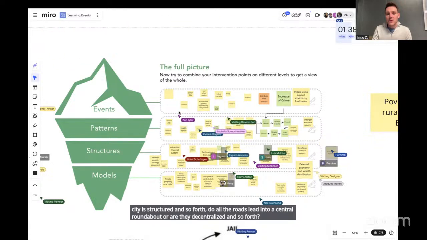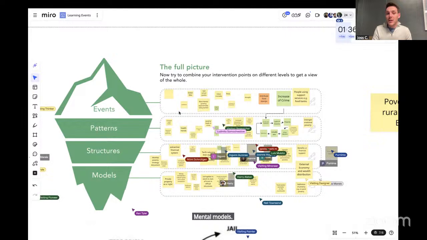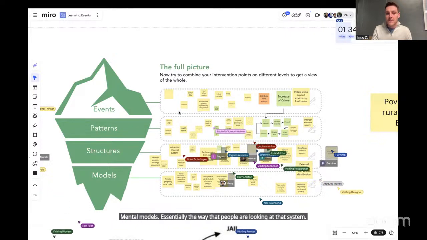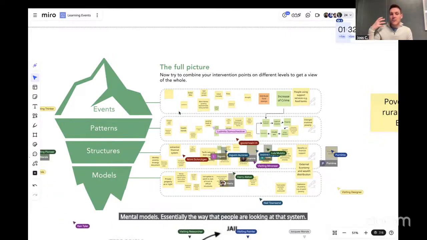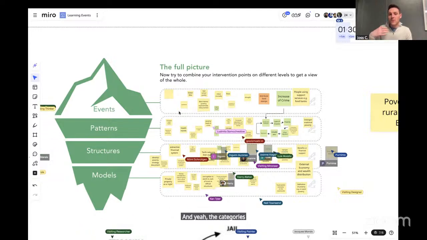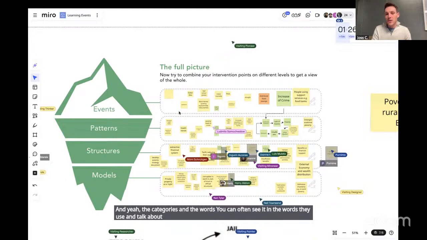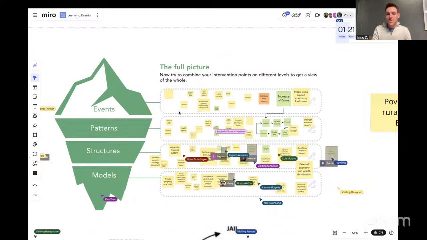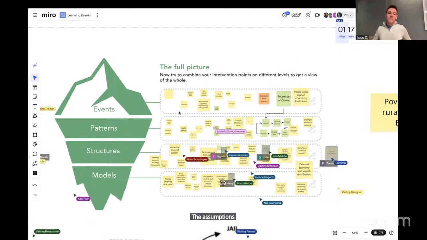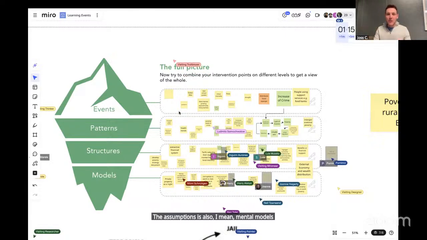Mental models are essentially the way that people are looking at that system. You can often see it in the categories and the words they use to describe the system. The assumptions are also, I mean, mental models and paradigms are pretty similar words.